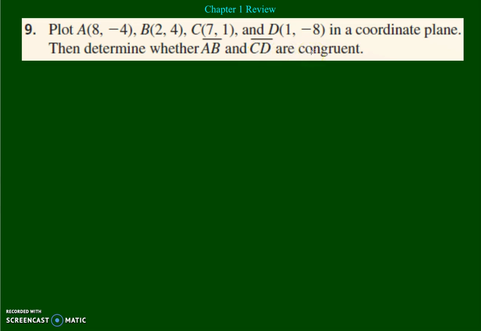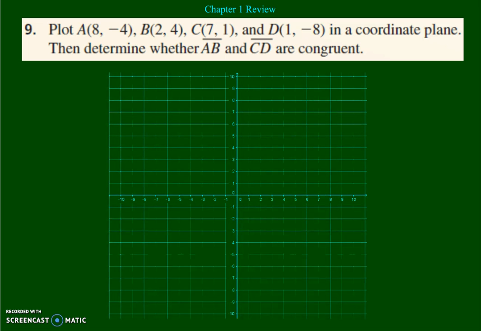Okay, let's go ahead and bring up a coordinate plane, and then we can go ahead and plot our points. So we have (8, -4). So let's make sure we have our chalk selected. (8, -4), which is here.